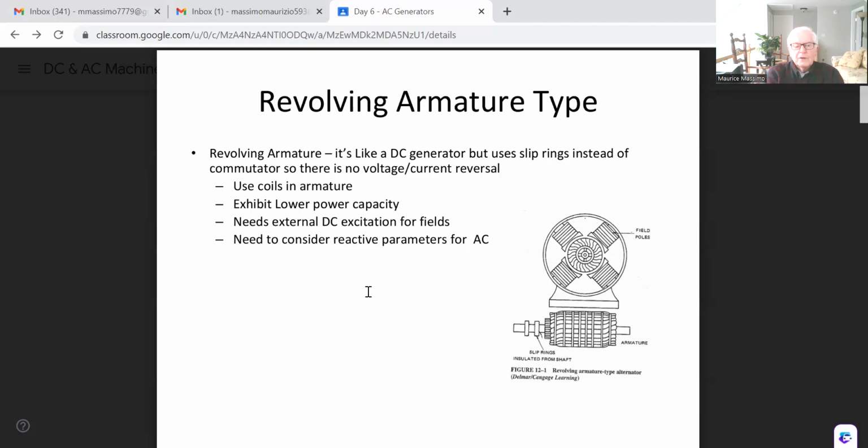What you need, though, is to excite the fields using a DC method. And again, since it's AC, we need to consider reactive parameters. Here's a picture of the revolving armature. As seen, you've got slip rings and the armature itself that rotates around these field coils.